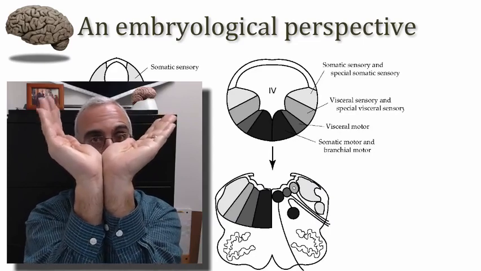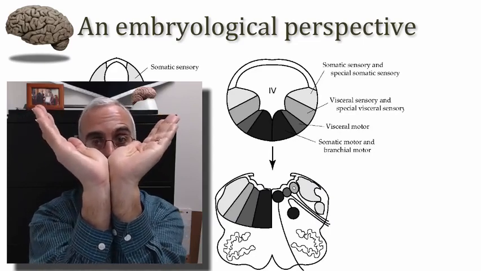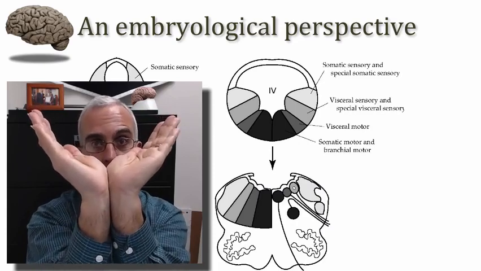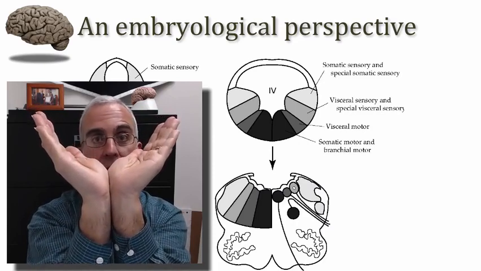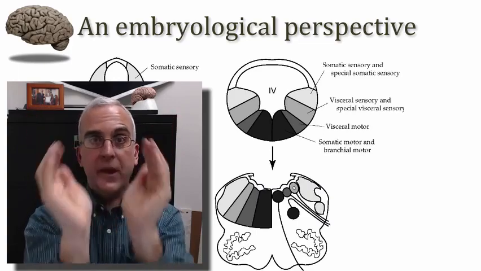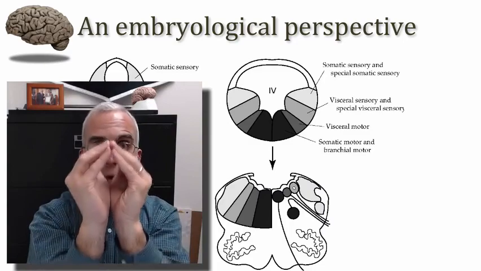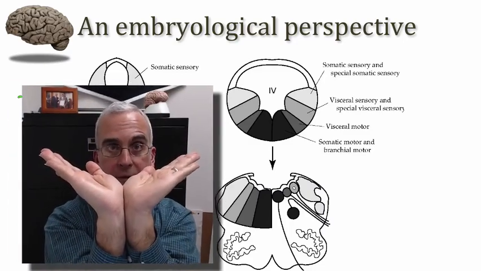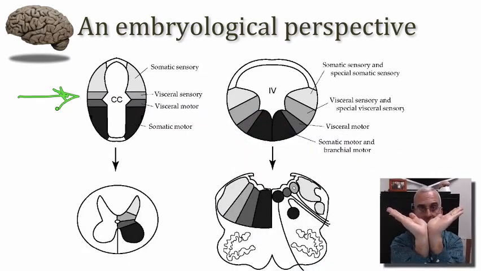Now notice where my knuckles are. My knuckles are somewhere between the somatic motor region and the somatic sensory region. And that's where we find our visceral sensory and our visceral motor neurons. So again, a very simple neural tube opens up to form a fourth ventricle, with the sensory systems moving far lateral.